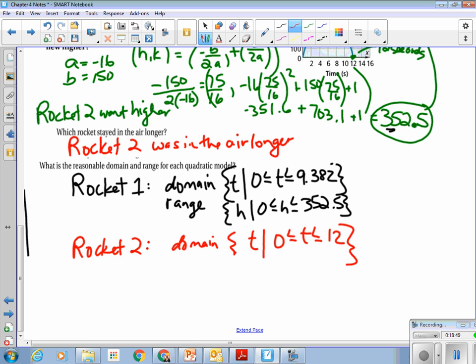And his range is all the H values between 0 and, he goes up to 575.